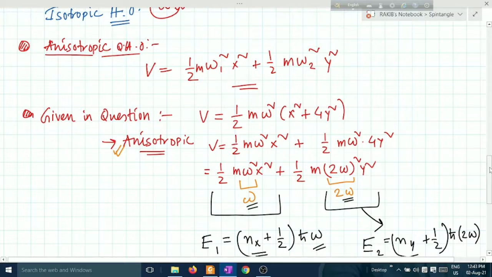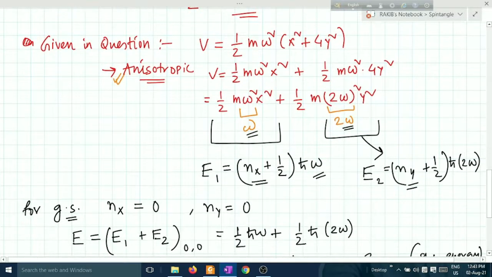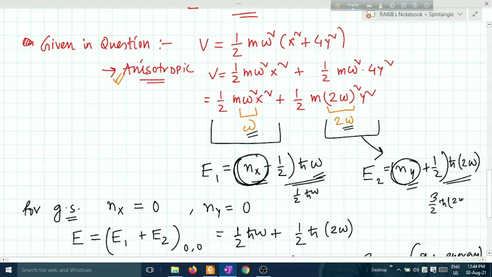If I take 0 in the place of this and 1 in the place of this, what will be the total energy? From this we will get half ħω, and from this we will get 3/2 ħ into 2ω. This means the total energy will be half ħω and 3ħω, which is 4ħω.